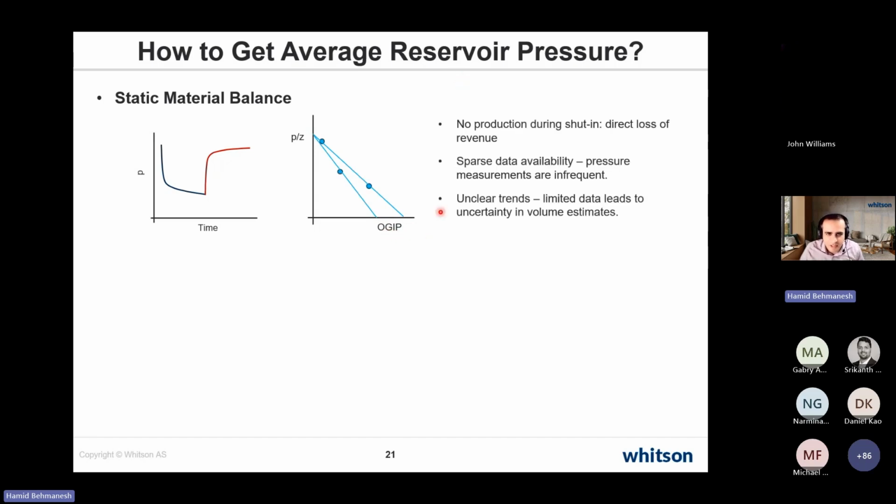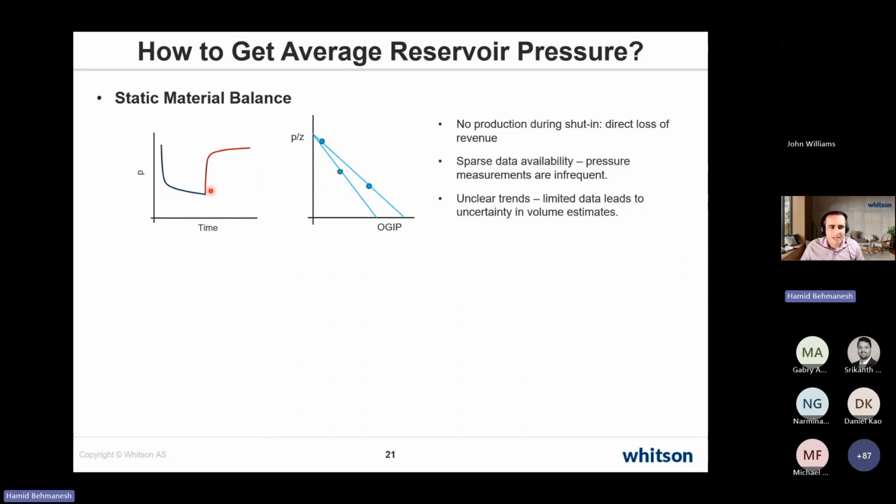But we know that there are some issues, especially during the shut-in times. We're going to have a direct loss of revenue. So it's not recommended to have multiple shut-ins, yet we need multiple points to be able to confidently come up with the OGIP and have a correct line that goes through my data. Right? If I end up with only two data points, I can draw a straight line, but it comes with a lot of uncertainty.